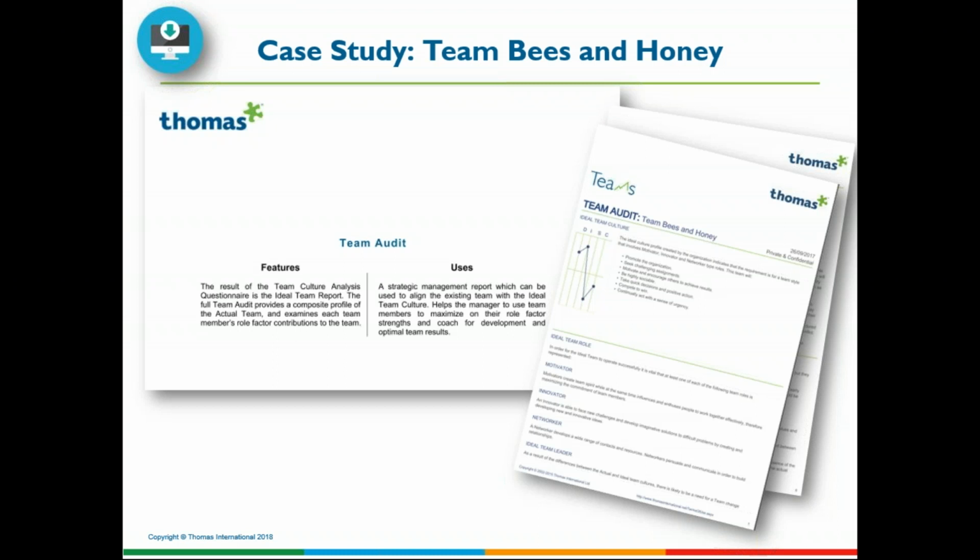This gives you incredible insight into how your team is likely operating, as well as giving you strengths and areas to coach team members for development and optimal results. This is a very quick dip into this. There is so much meat in the sandwich, as it were, but we can only just take a little nibble. Your Thomas consultant will talk to you more in depth about the value of this team assessment. It's the one that keeps on giving forever.